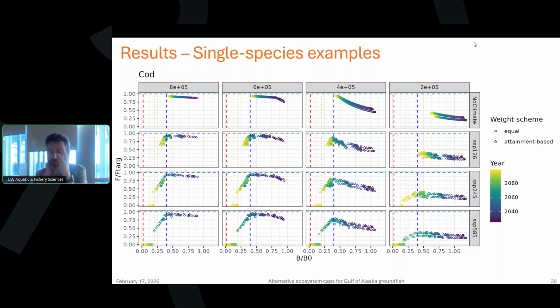You may choose to keep collecting catch at a set amount, or keep all kinds of different things, to essentially be below the target fishing mortality, right? And then you converge at the target fishing mortality when you're around B40, and then you're on the ramp when you go to the left.